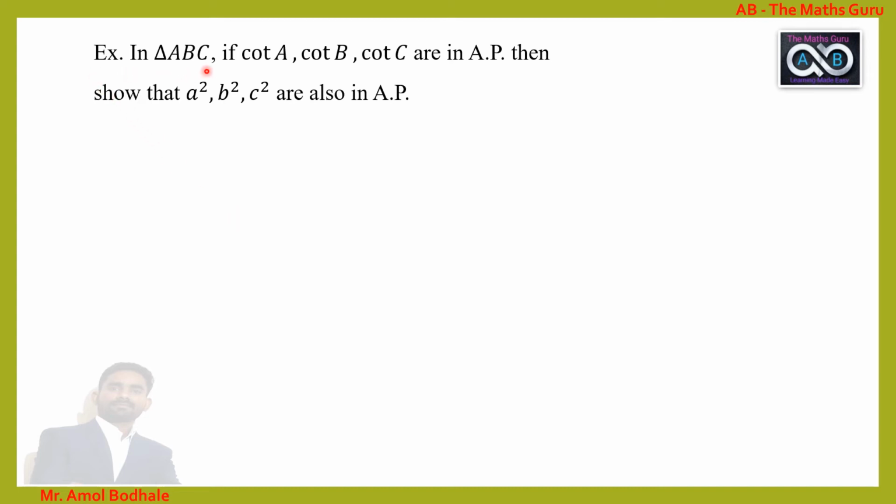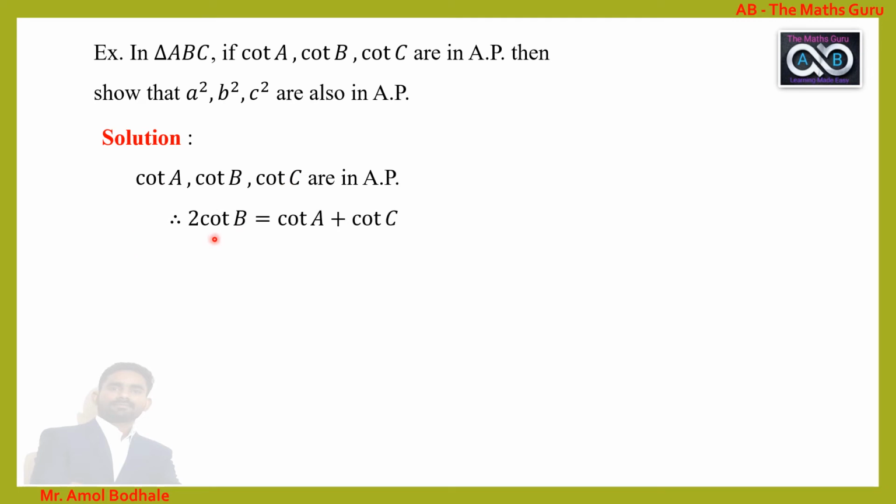In triangle ABC, if cot A, cot B, cot C are in arithmetic progression, then show that a square, b square, c square are also in arithmetic progression. As given, cot A, cot B, cot C are in AP. As we know the definition of arithmetic progression, if three terms are in AP, then 2 times the middle term is the sum of the first and last term.